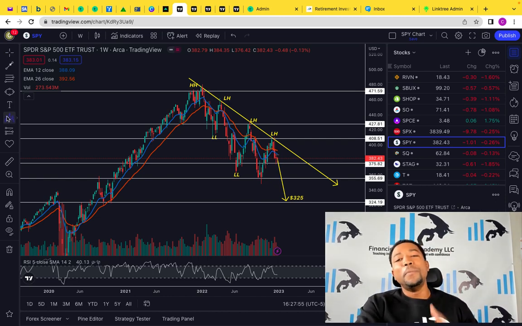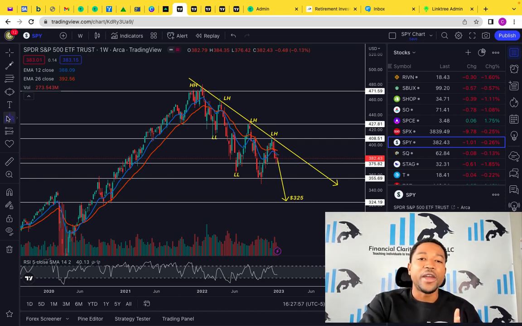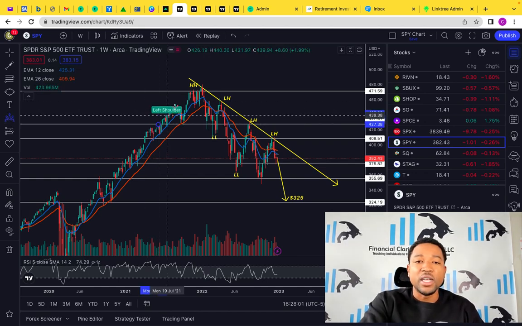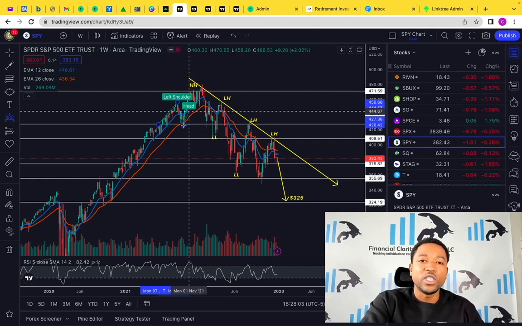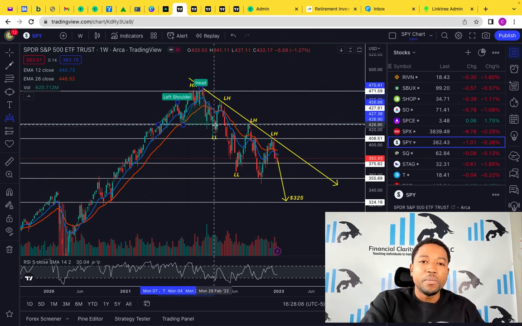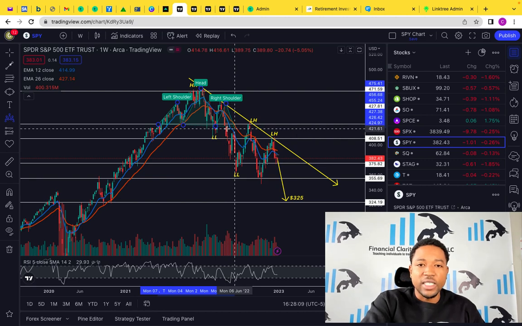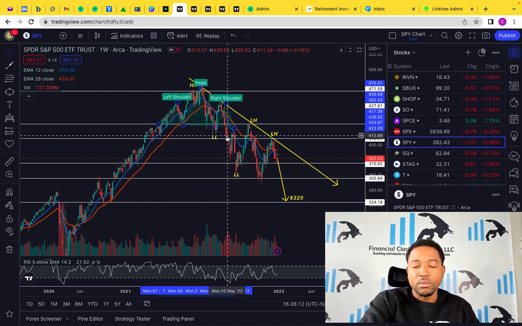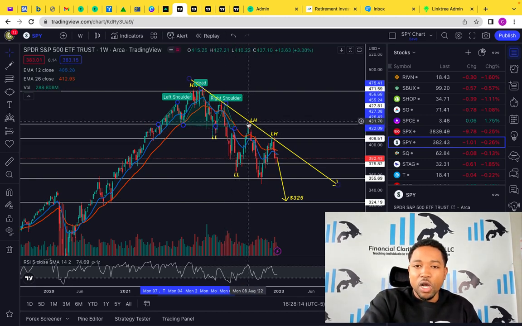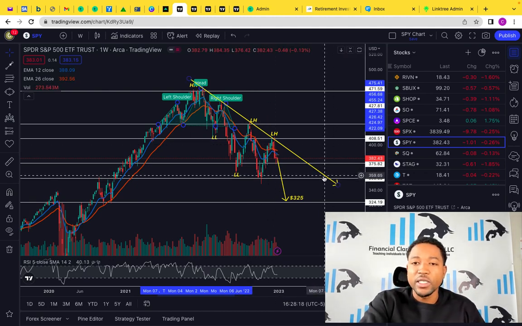The market doesn't bottom without creating a pattern, and it doesn't make a top without creating a pattern. So I knew the S&P 500 made a top when we did this head and shoulders pattern. Once we broke this neckline, the market topped immediately. So I was trading bearish all 2022. Those trades are the higher probability trades, right?